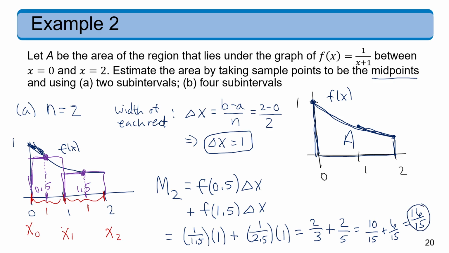That's our approximation for A. So A is approximately 16 over 15, although that's probably not the best approximation because we only used 2 rectangles. You should really use a larger number of rectangles to get a good approximation. So in part B, we're going to go up to 4 rectangles and redo the calculations, and we should get a closer approximation when we do that.